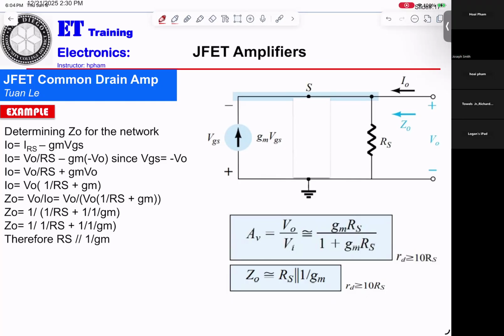So this is VGS, this is V out, and you get RF here. So, determine G out for the network.